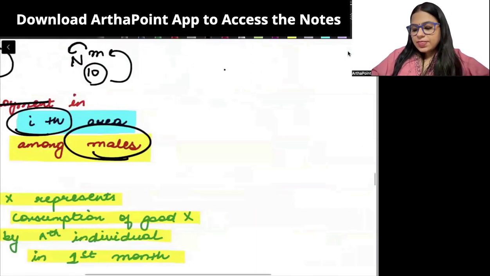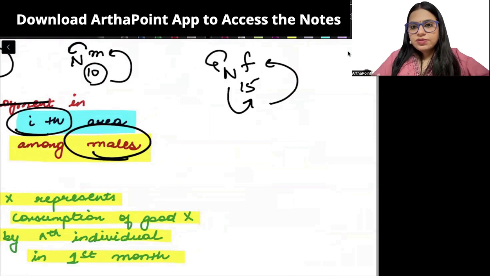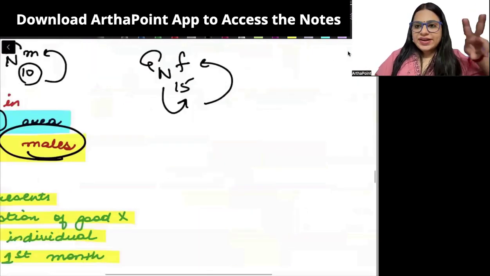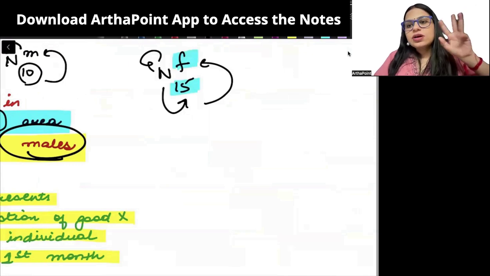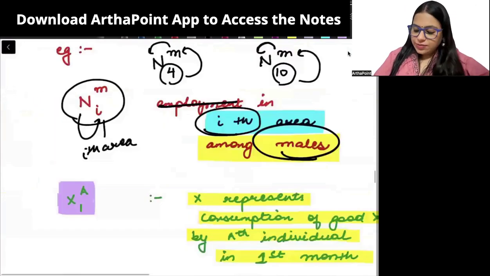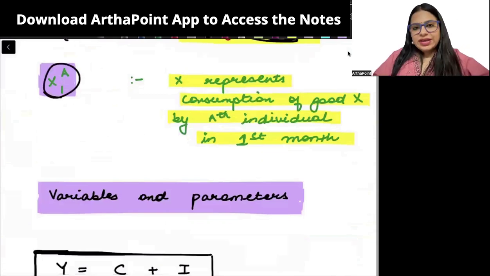Similarly, if I say N_15^F, employment in 15th area among females is how much, right? So I am using two categorization levels, one area and second gender for employment. Okay. Now similarly I have taken this example beta. So this is X_1^A.